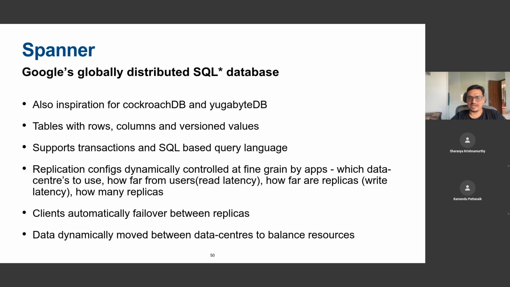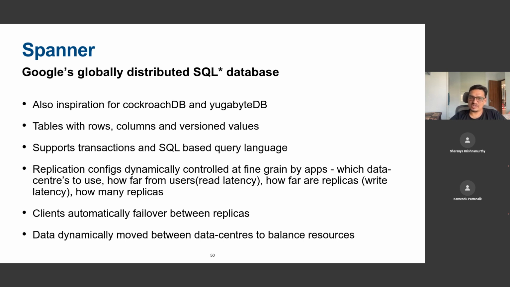Replication configurations can be dynamically controlled at very fine grain by the apps that are using Spanner. For instance, which data centers to use, how far from users we want to keep data, how many replicas we want to keep, and how far apart these replicas are. These are some things that the client of Spanner DB can make choices on.